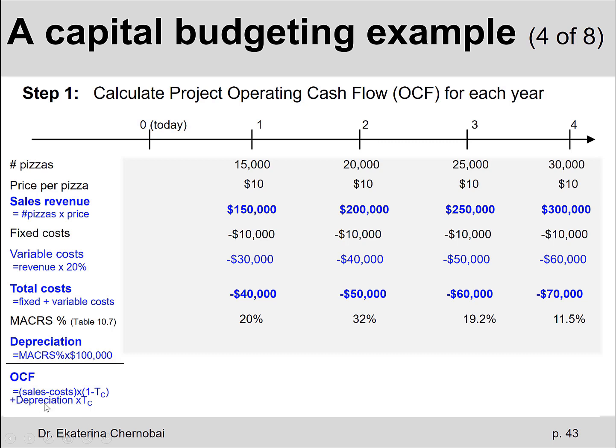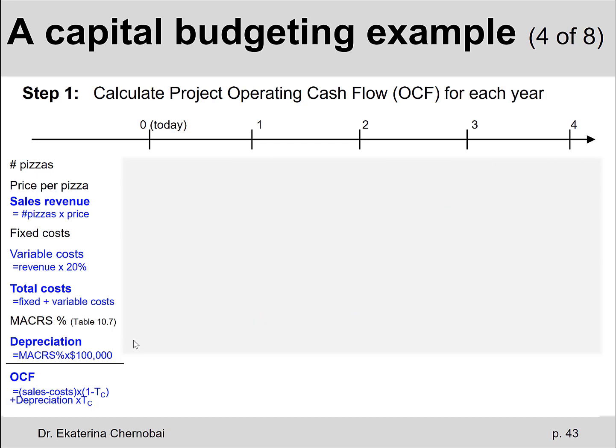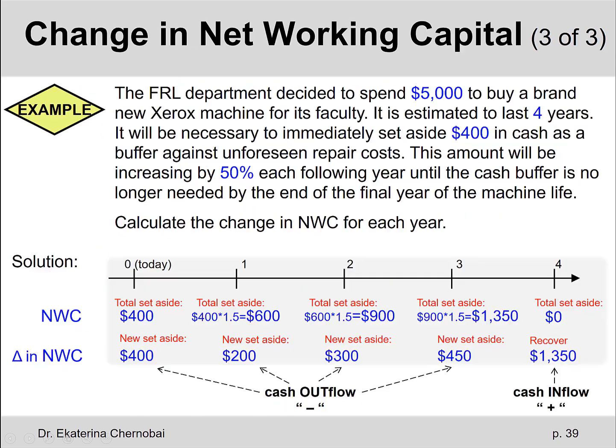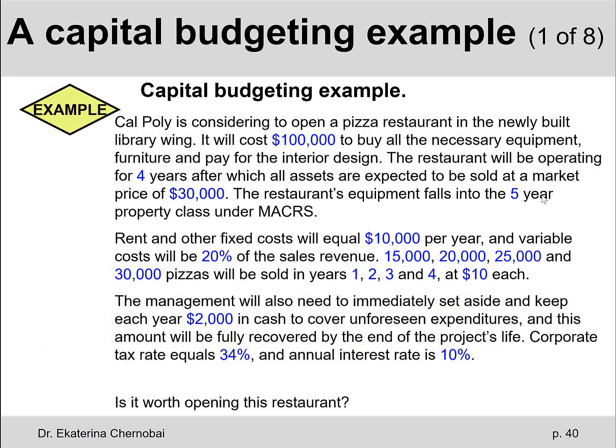What is the depreciation? Okay, so what we know is the furniture and all other equipment falls into the 5-year property class under MACRS, right?